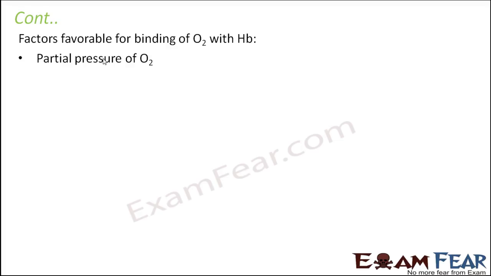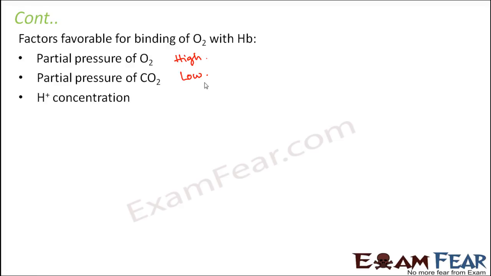Partial pressure of oxygen should be high. Wherever the partial pressure of oxygen is high, it will support the formation of oxyhemoglobin, that is, the binding of oxygen with hemoglobin. Partial pressure of carbon dioxide should be low. If partial pressure of carbon dioxide is low, then oxyhemoglobin will be formed.